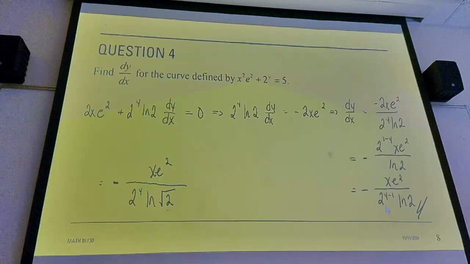Then I just bring the 2 down, and down there is 2 to the minus 1, which is 1/2, isn't it? 2 to the minus 1, 1/2, same thing. Oh, yeah. Well, then isn't that 1/2 times log of 2? Okay. And then from there, just simplify it.